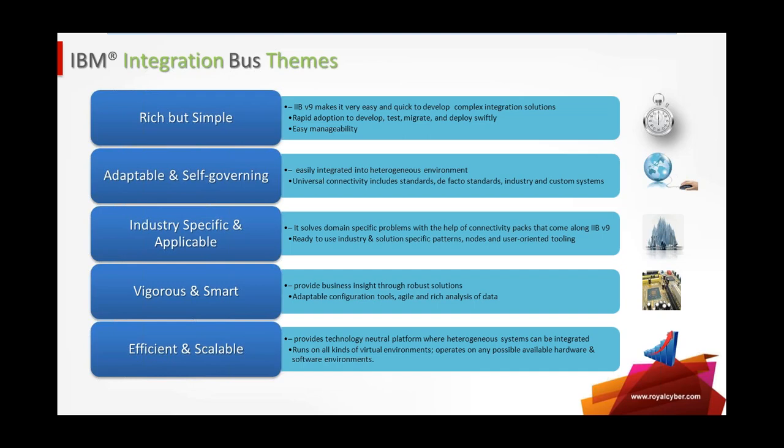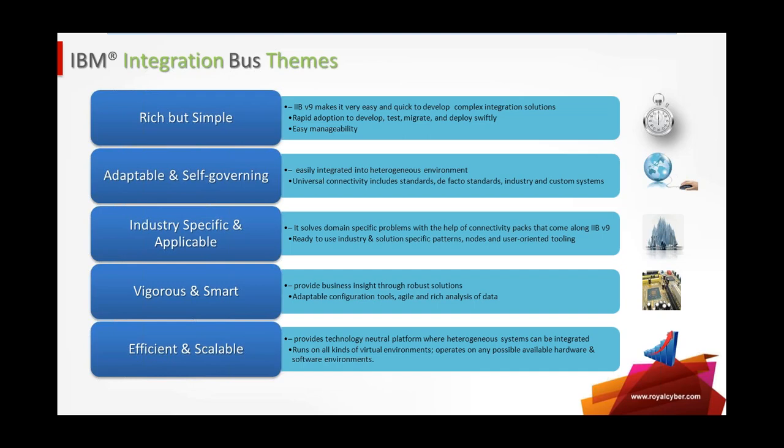The next thing which I would like to talk about is adaptability and self-governance. What do we mean by that? By adaptability, I mean that in the market we have very different technologies to integrate with. Some of the applications might be from the Java domain, some from the .NET domain.